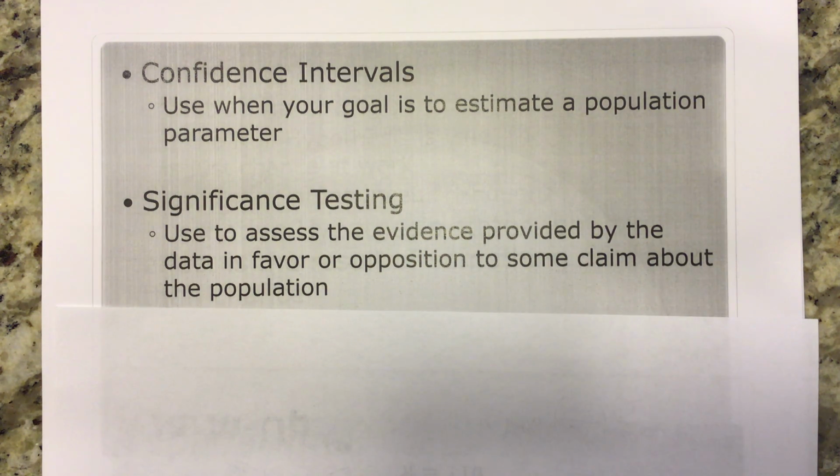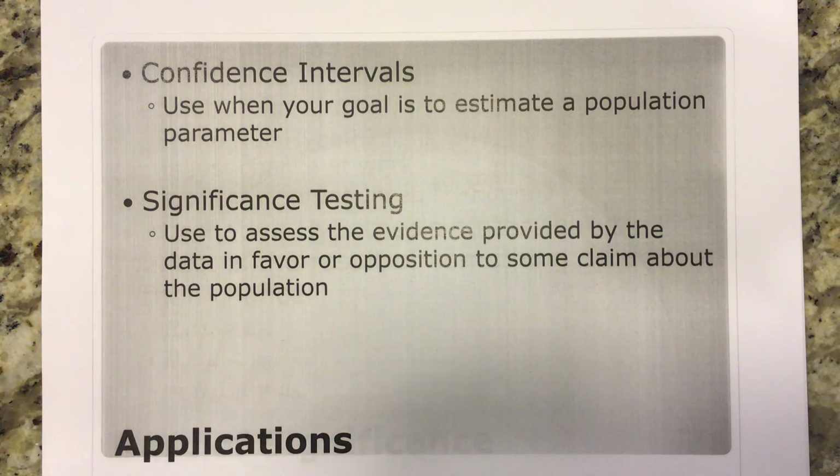You go, I'm not so sure about that. Let's make a bet, you know? And so then to answer the question, you'd have to go out and collect valid data. And then you would look at that data, and that data would give evidence one way or the other, to hopefully win the bet for you. But we'll see how it works here in just a second.